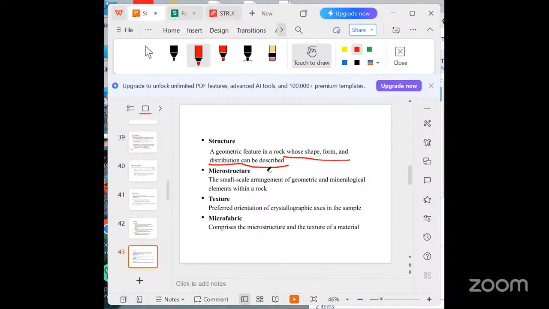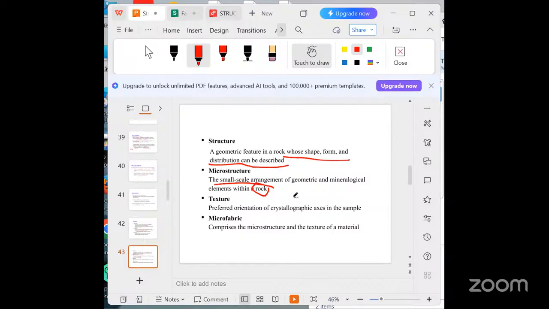So this is structure, and now microstructure. Microstructures, for example of igneous rocks, mean the small scale arrangement of geometric and mineralogical elements within a rock.